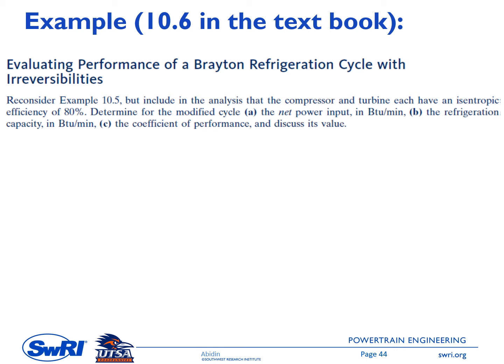So pretty much the same as the previous problem, but we have an internal irreversibility inside the compressor and turbine represented by this isentropic efficiency of 80%. The questions are: what is the net power input, the refrigeration capacity, and the last one is the COP of the system.